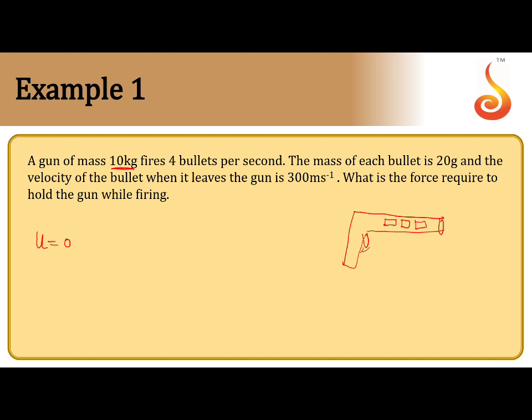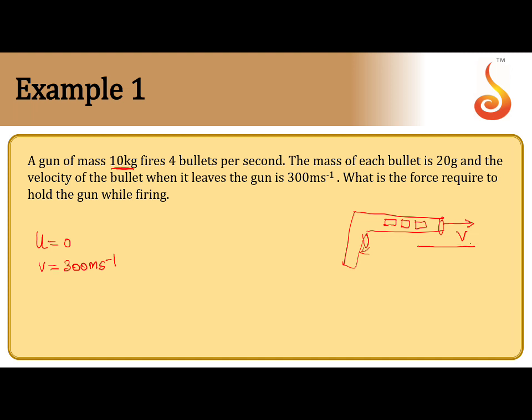When you press the trigger, the bullets are coming out with a final velocity. The velocity with which they are coming, v equal to 300 meter per second. You are supposed to find what is the force required to hold the gun while firing.